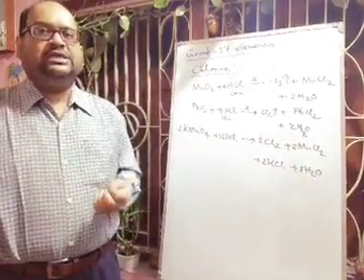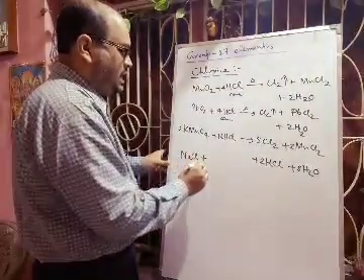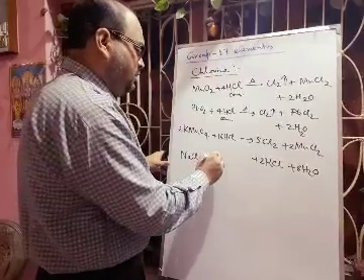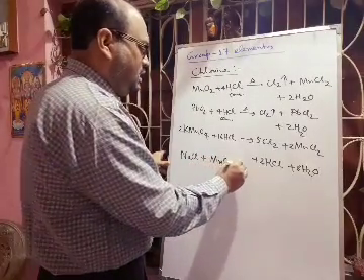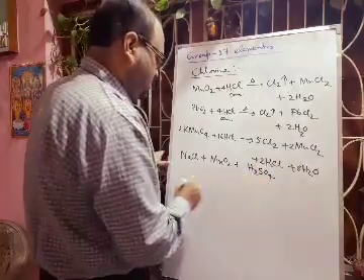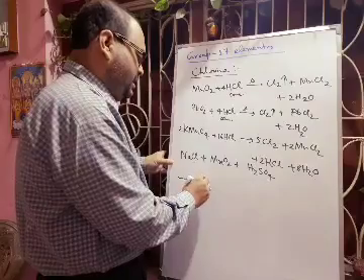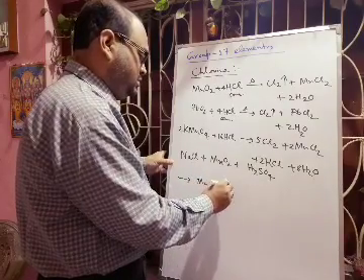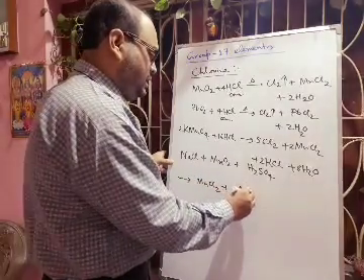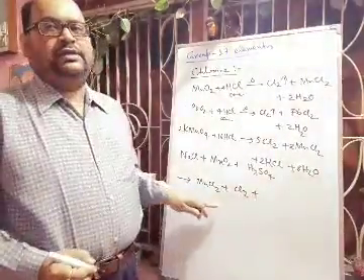So what reaction is going on here, that you have to understand. So NaCl is reacting with MnO2, and we are taking concentrated sulfuric acid, and you will get chlorine gas.